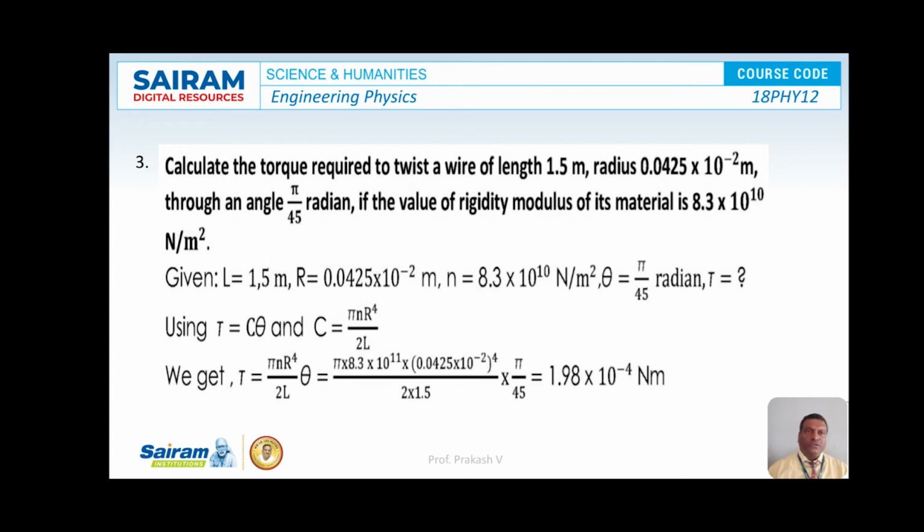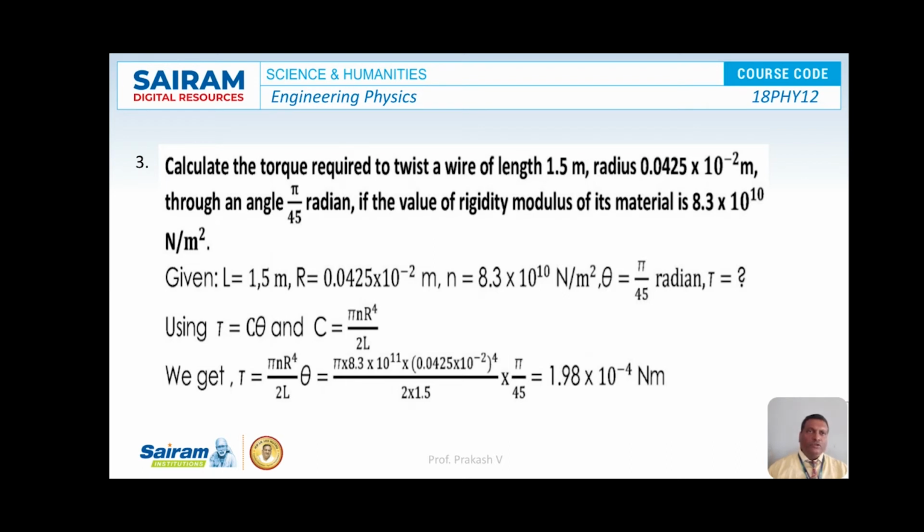So according to the problem, the given data is L is equal to 1.5 meter and R is equal to 0.0425 into 10 to the power of minus 2 meter, and rigidity modulus n is equal to 8.3 into 10 to the power of 10 Newton per meter square, and the angle of twist theta is equal to pi by 45 radians. So what is the torque produced?